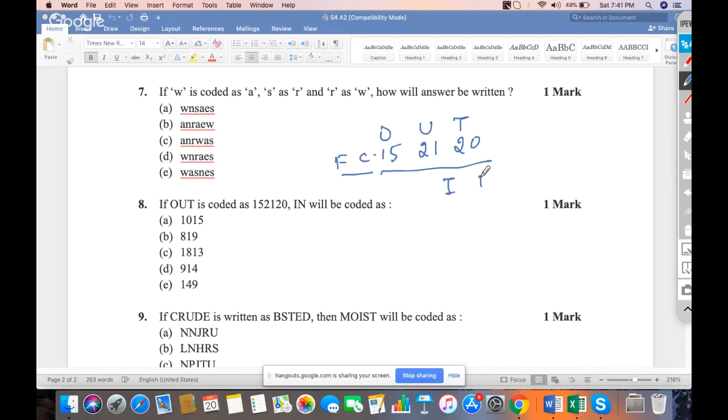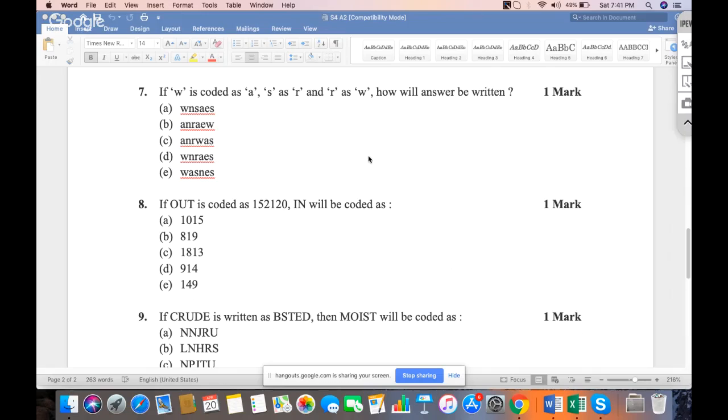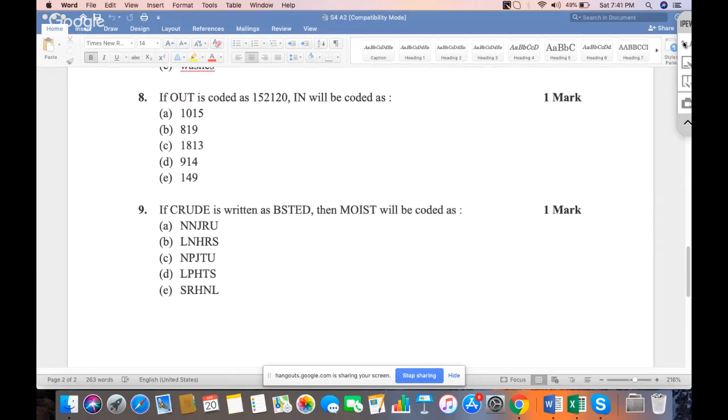So for IN, I'll write forward counting. I is 9 and N is 14. So this is forward counting. So 914 is the answer there. And for question number 9, C has been written as B. So what is happening?